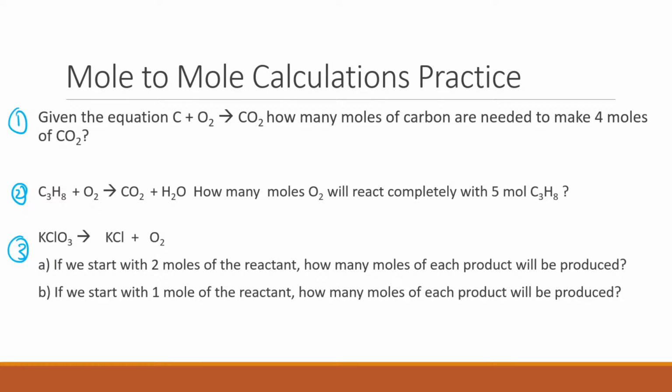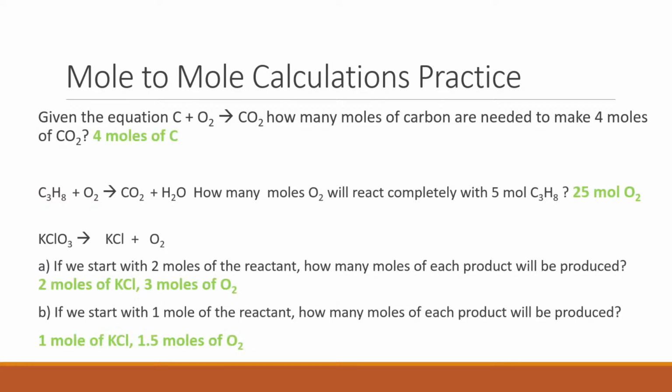When we look at the answers to these questions, we're going to get these. Now, let's take a quick look at them together. This first equation, C plus O2 becomes CO2, starts off balanced.